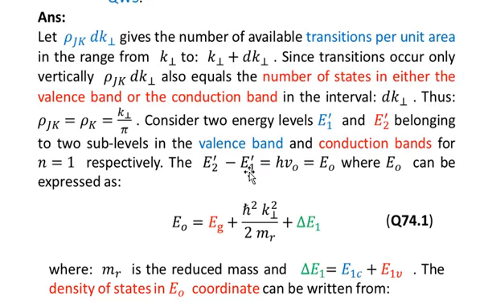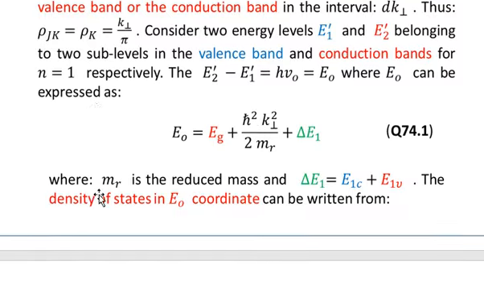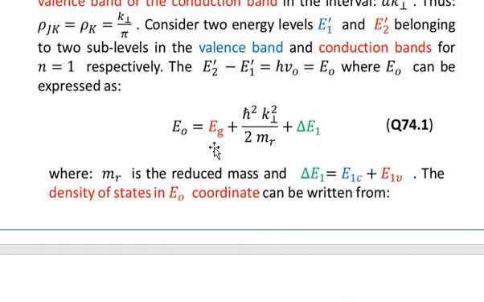E2 prime minus E1 prime is equal to h nu naught is equal to E naught, where E naught is expressed as E naught is equal to Eg plus h bar square k perpendicular square over 2 mr plus delta E1. To explain this further, consider the value of delta E1 given over here. That is, delta E1 is equal to E1C plus E1V.